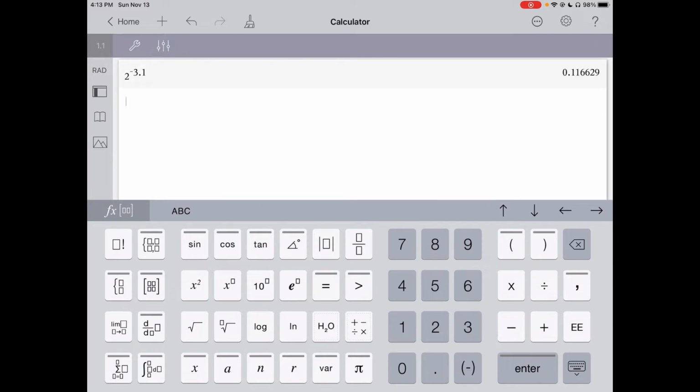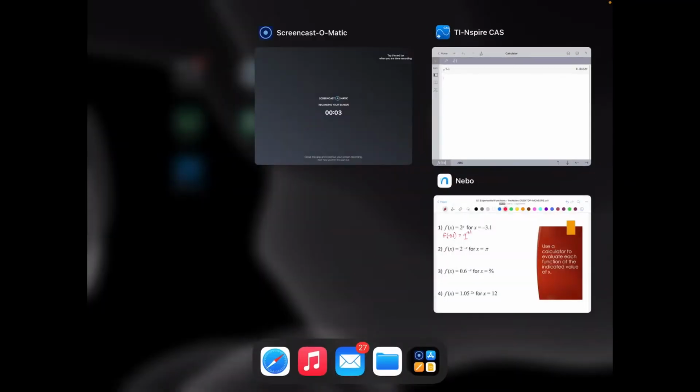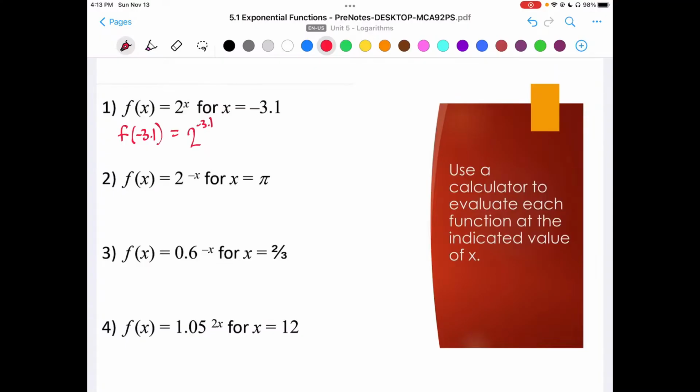0.116629. For this unit, we are going to be dealing with a lot of very small changes and some decimals. So let's go ahead and round that to the third decimal place, or the thousandths place. So we'll get 0.117. So f of negative 3.1 is approximately 0.117.